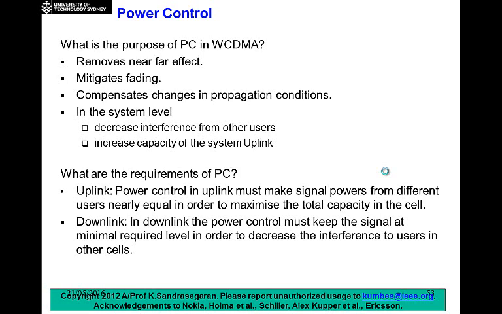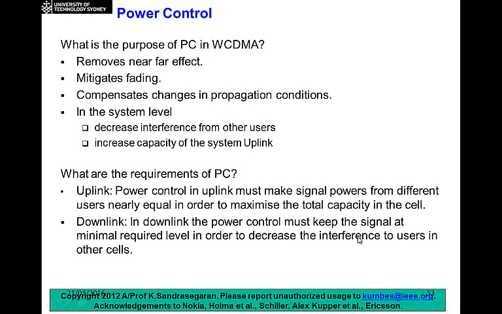It can also compensate for any changes that could occur in the radio propagation conditions. So the most important thing about power control in wideband CDMA is to make sure that the received signal power from different users is approximately the same when they arrive at the base station.